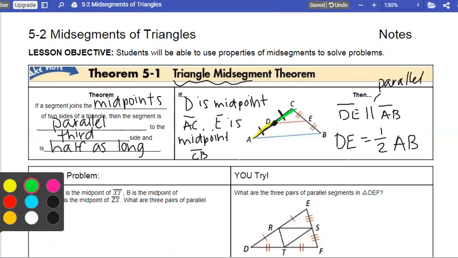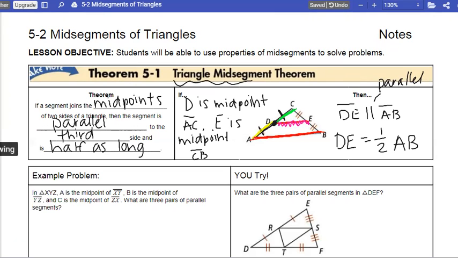So to go back over that, DE is parallel to AB. My two red lines here, DE and AB, are parallel, so they go on and on forever and they never touch. Then I know that DE, now I'm going to color it pink, is half as long as AB.